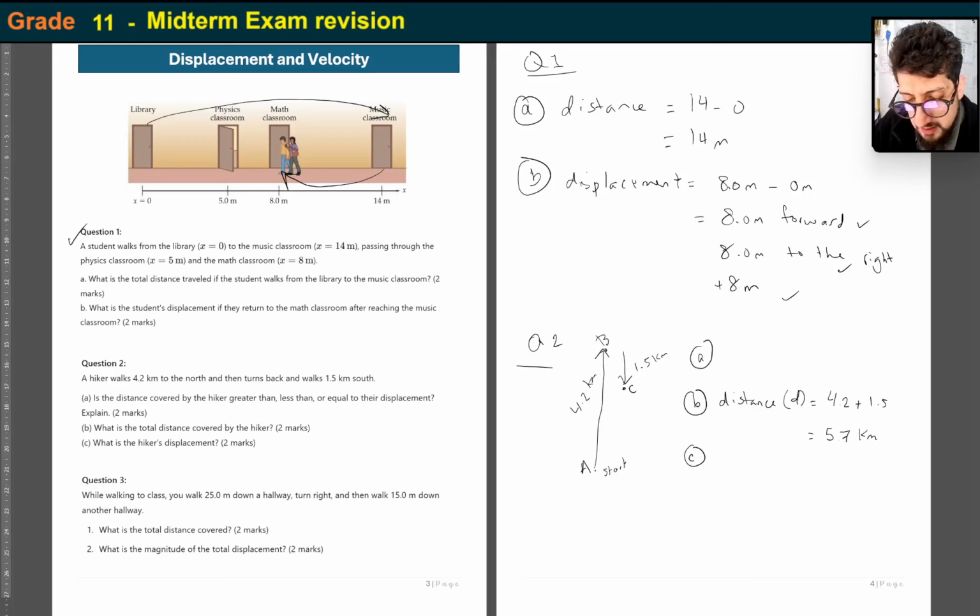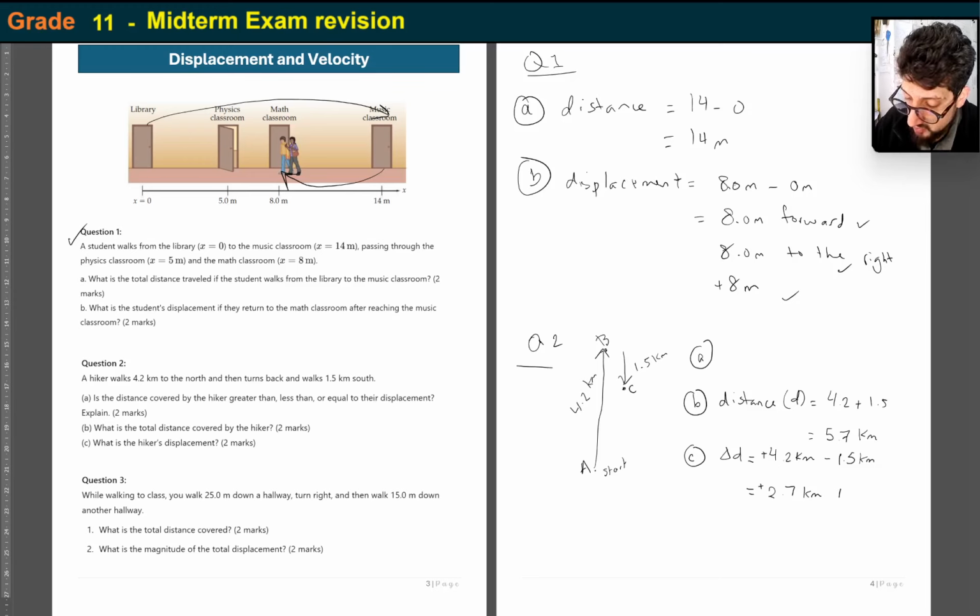Part C talks about the displacement, and in this instance, the displacement, delta D, is equal to positive 4.2 kilometers, because of course it's north, so we need to have a direction, minus 1.5 kilometers, because that's going south, so it's going to be 2.7 kilometers.